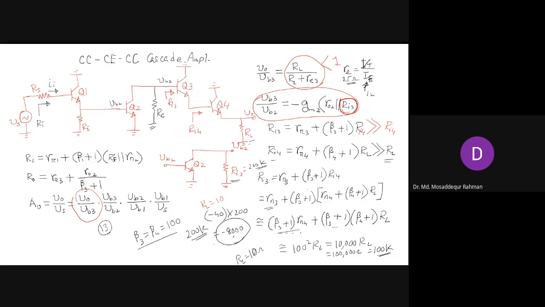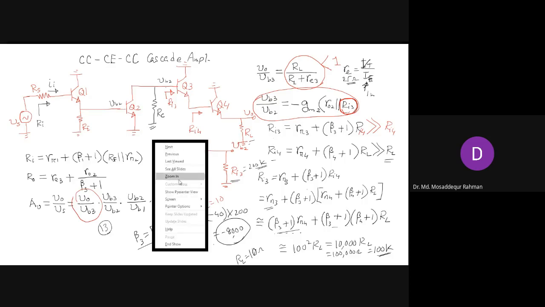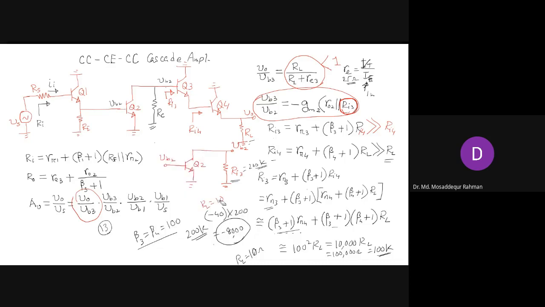How will the gain expression modify? That is our gain expression for this common emitter before adding this RC. Now we have added RC. So how will it change?